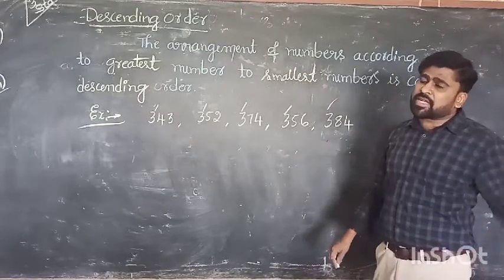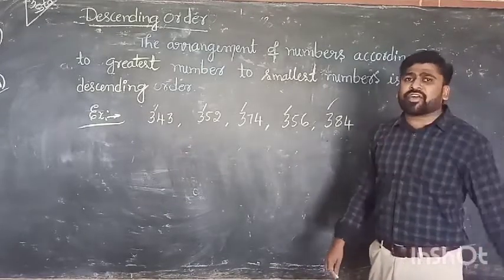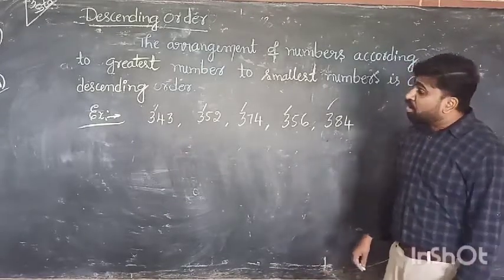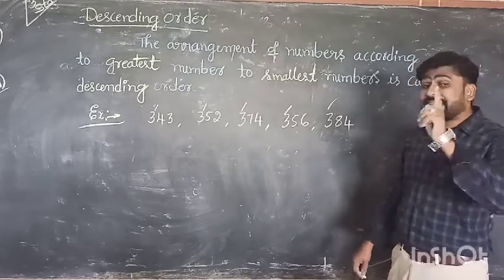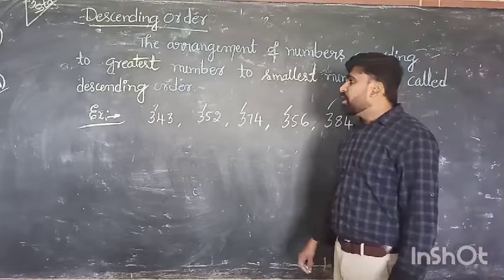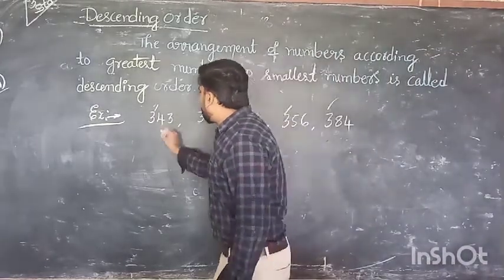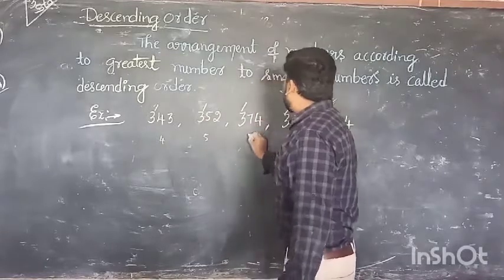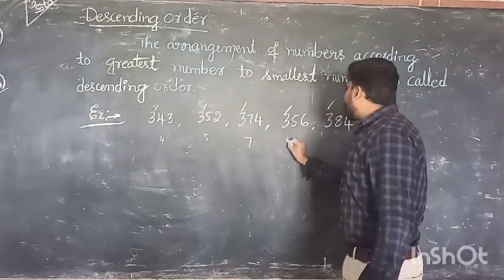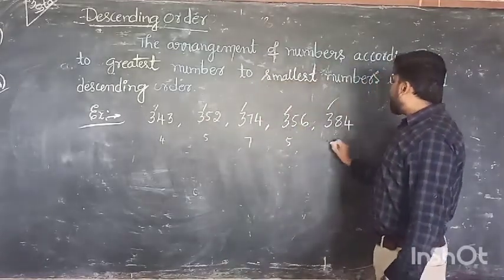Observing the 100s place also, we cannot identify which is big and which is small. Now come to the 10s place. Here the 10s place is 4, 5, 7, 5, again 8.